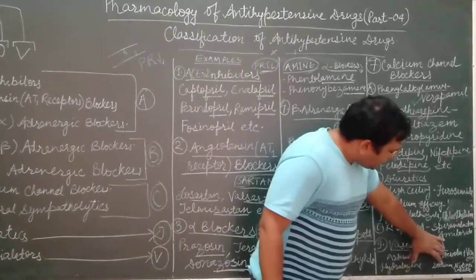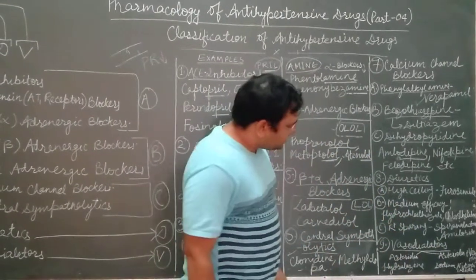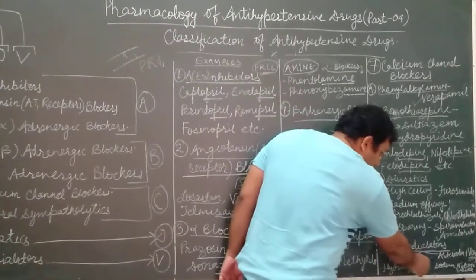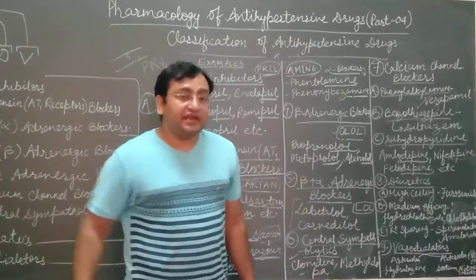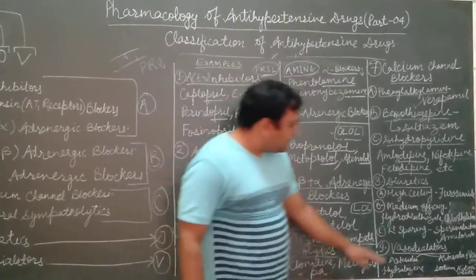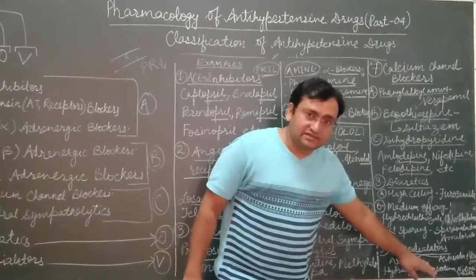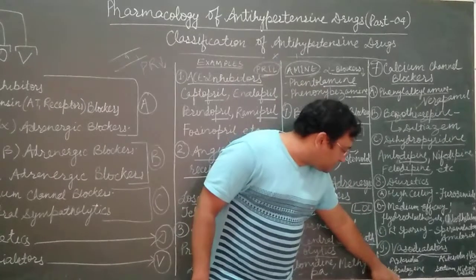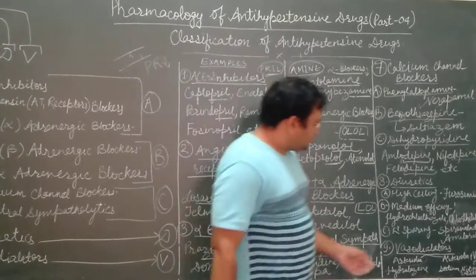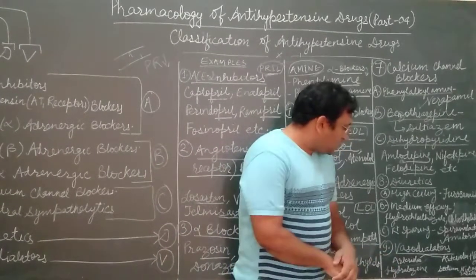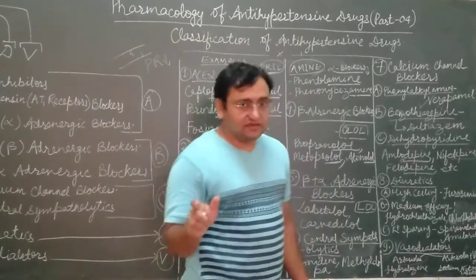There are two categories of vasodilators. First are the drugs which can only dilate the arteries. These are called arteriolar vasodilators. For example, hydralazine and minoxidil.